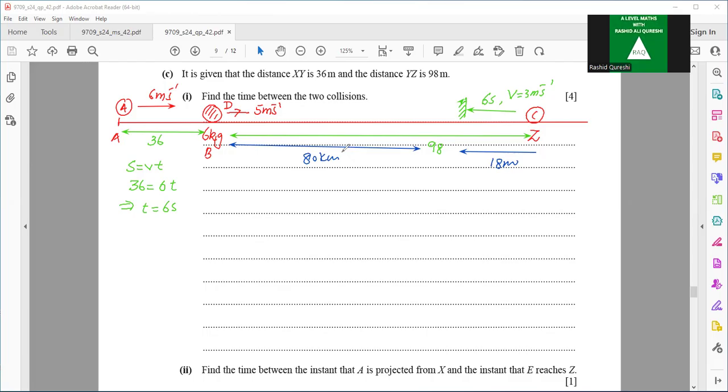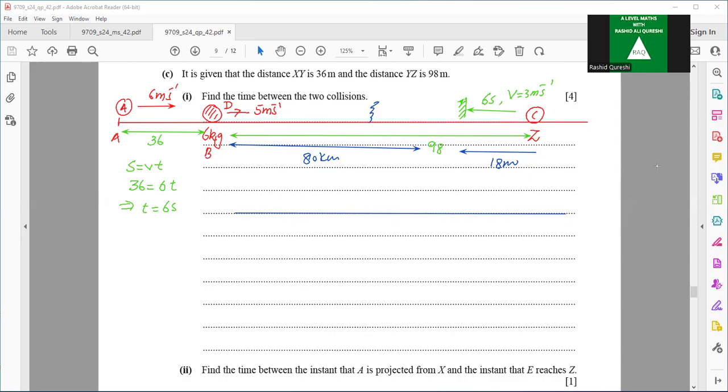The new data will be just like this one. We have to find when this particle will reach over here. Suppose this is the new point of collision. Okay, I will draw the new figure to understand all these things. Suppose we have this one.